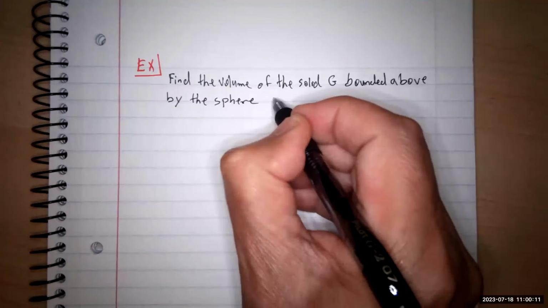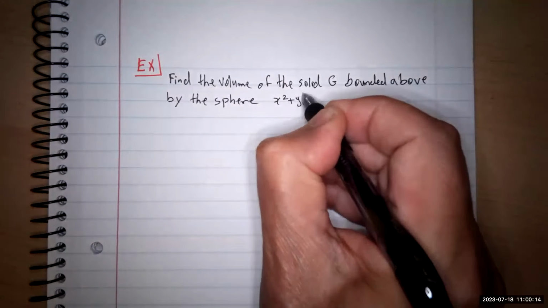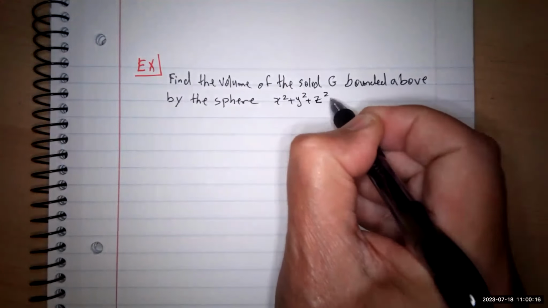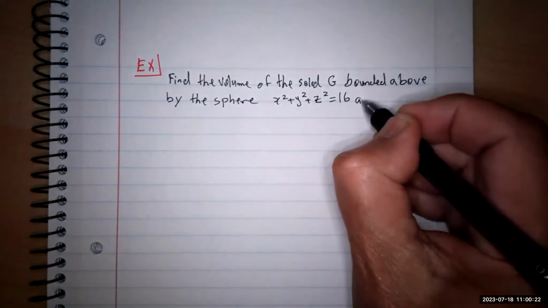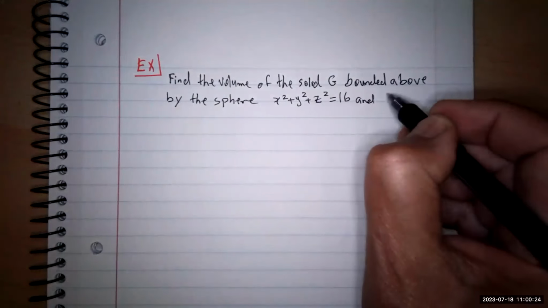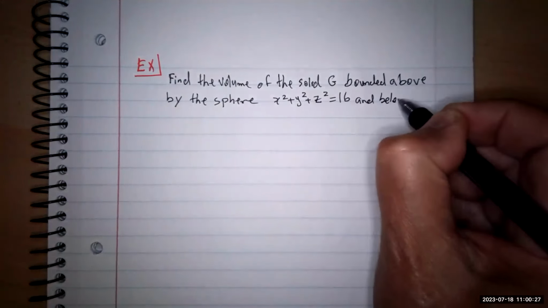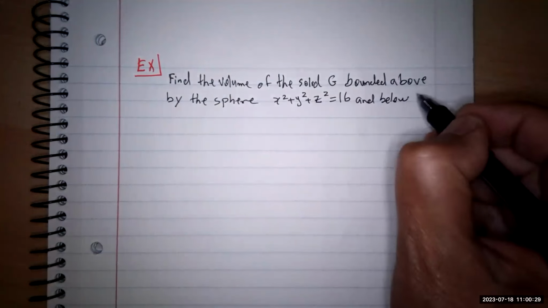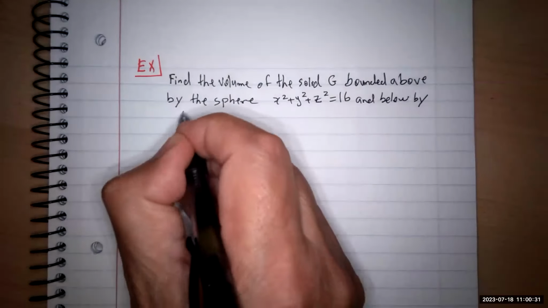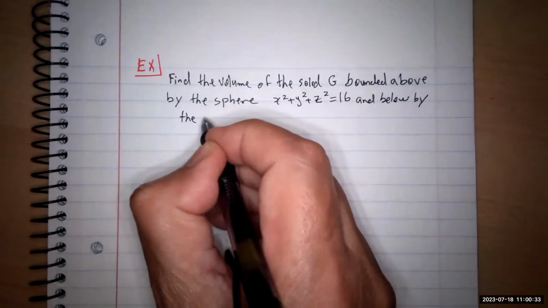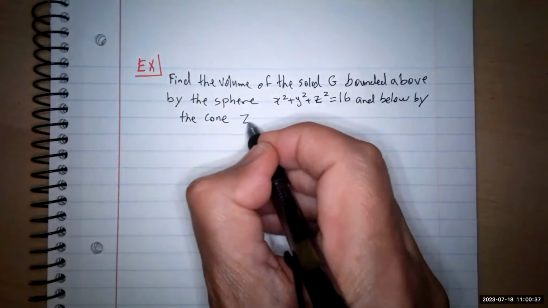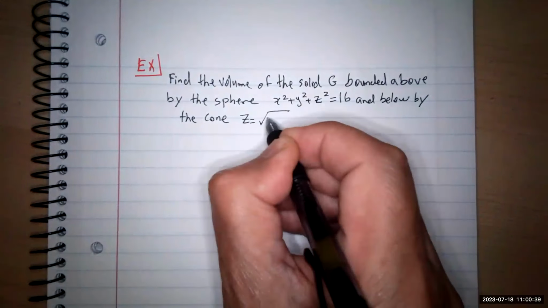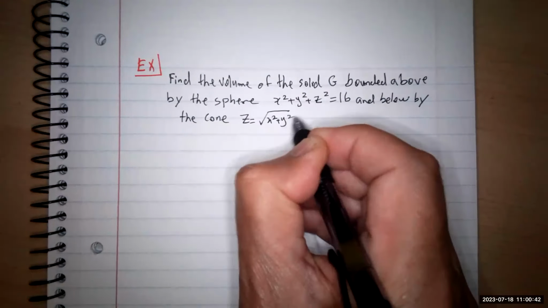The equation of your sphere is x squared plus y squared plus z squared equal to 16. It's centered at 0, radius of 4. And it is bounded below by the cone. It's going to be the ice cream cone. The cone is z equal to the square root of x squared plus y squared.